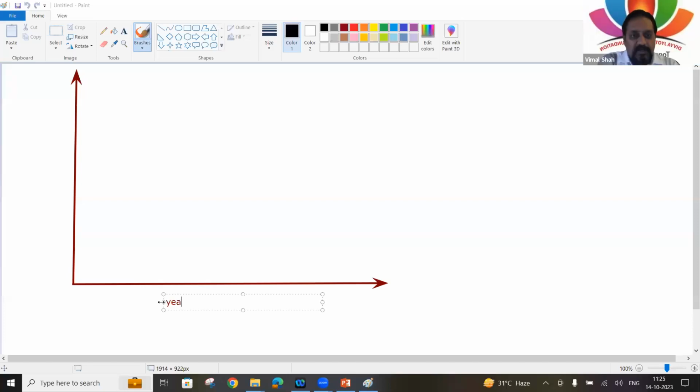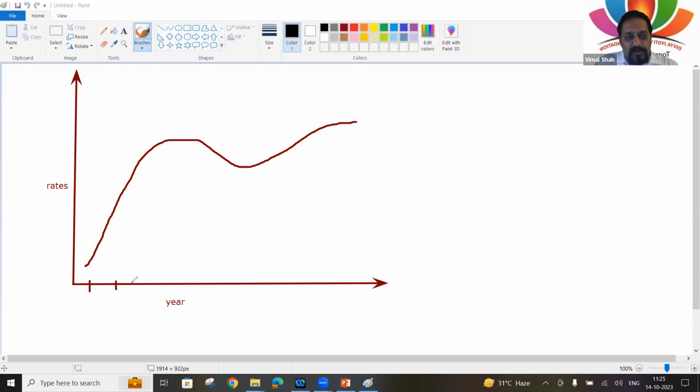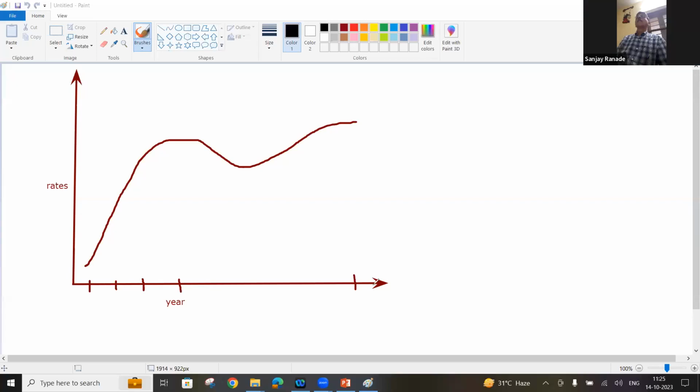Here it will be year, here it will be rates. And then I will plot a graph like this, showing what would be the value in 1981, 82, 83, 84, up to 2023, then 2033. I will extrapolate that graph, and I can get the value.